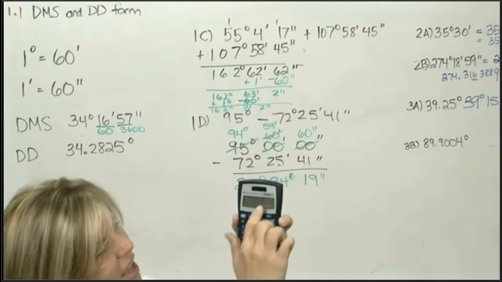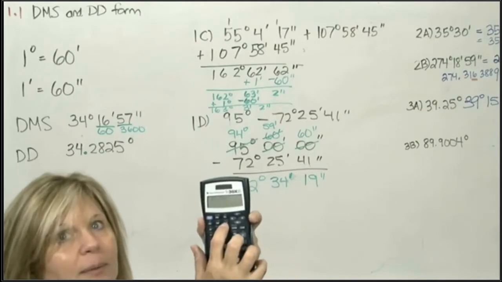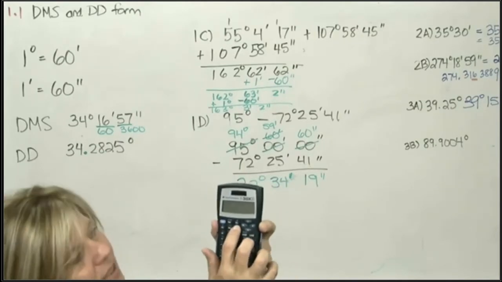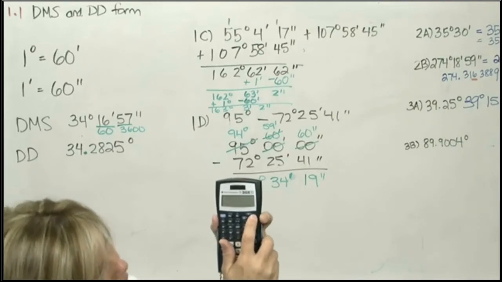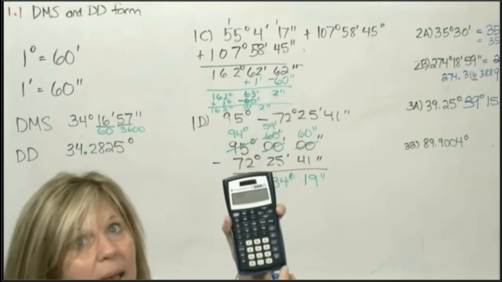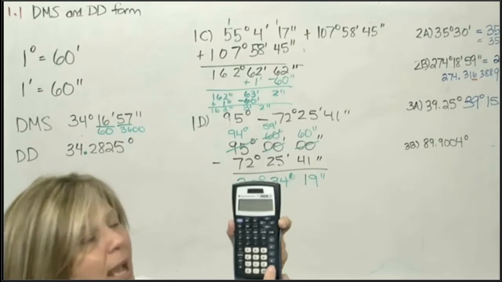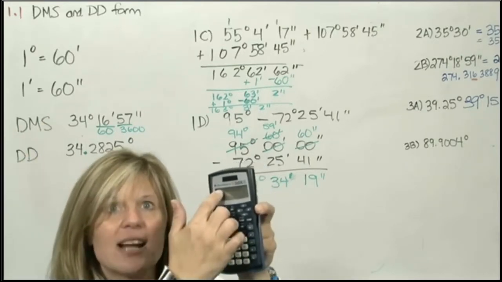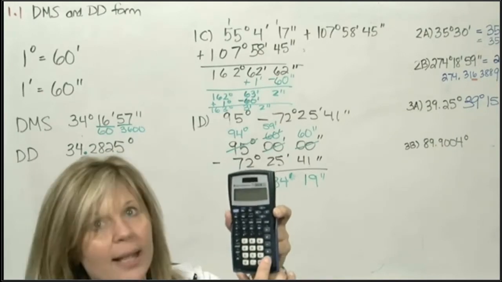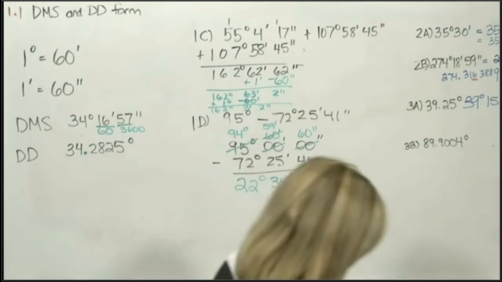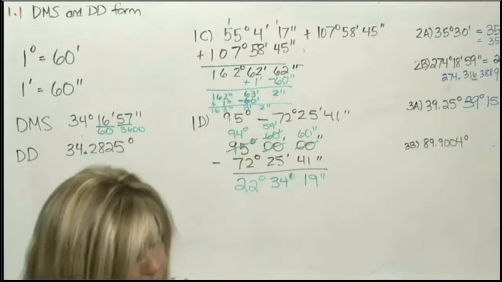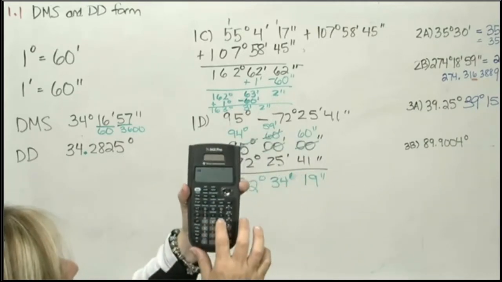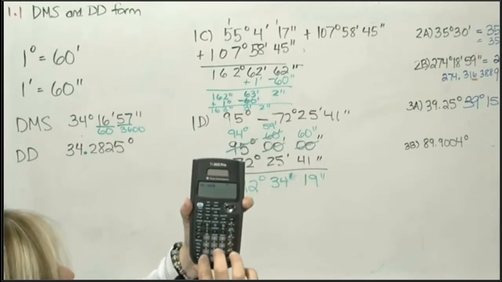Then, to get the DMS button, we have to go to our angle button. In the TI-30X2S, we hit that button that has the degrees, minutes, seconds, and we arrow all the way to the right till it says DMS, and hit enter. Once that DMS comes on the screen, it's telling the calculator, hey calculator, change this decimal to DMS form. Hit enter again. If we're using the Pro, we type in that decimal, 89.9004.